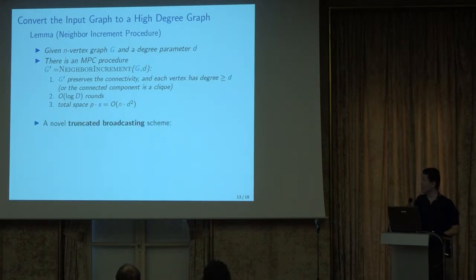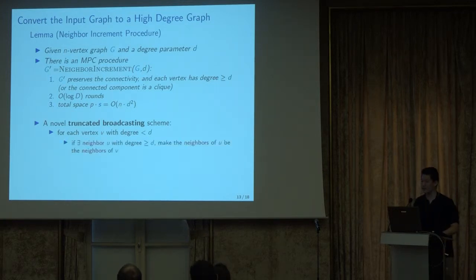So how to implement this procedure? Actually, we propose a novel truncated broadcasting scheme. For each vertex v with degree smaller than d, we do the following step. If there is a neighbor u with degree larger than d, then we just make the neighbors of u be the new neighbors of vertex v.